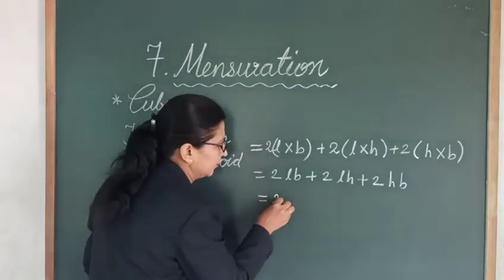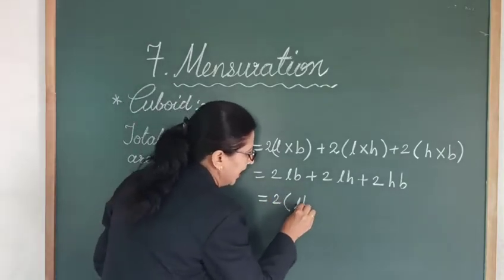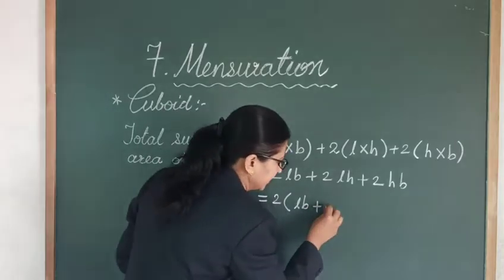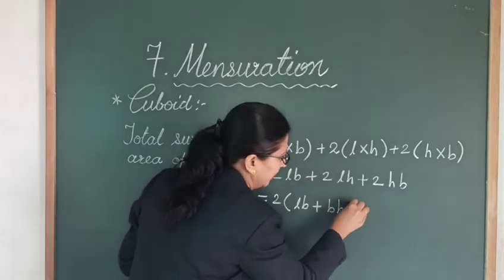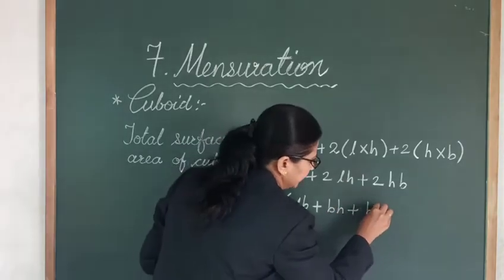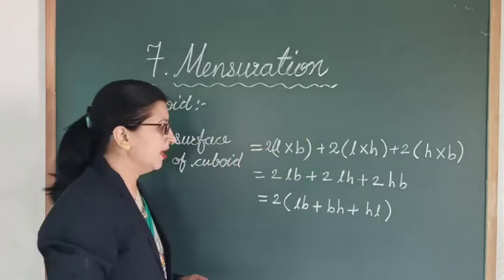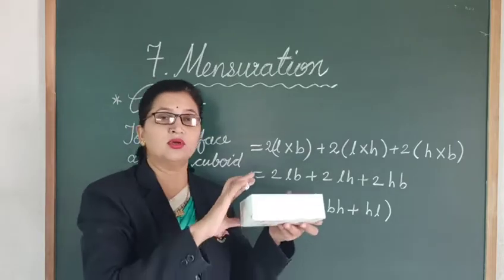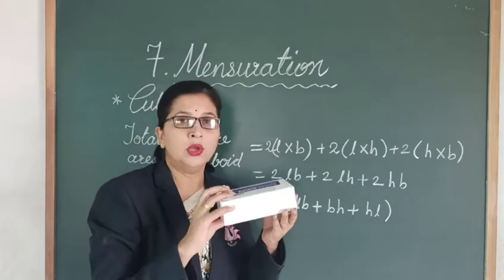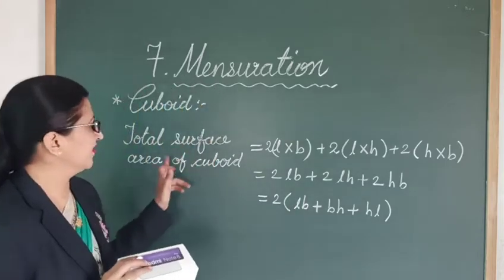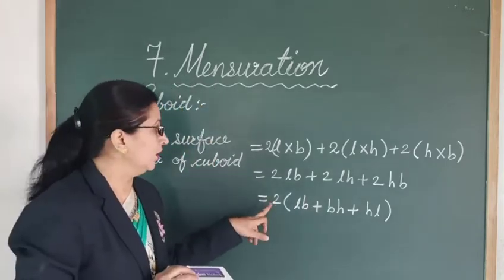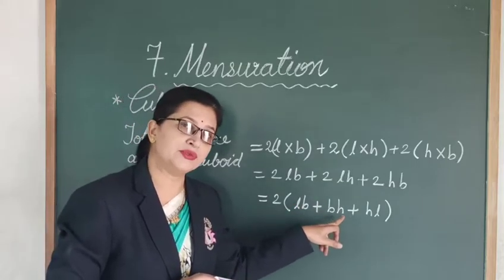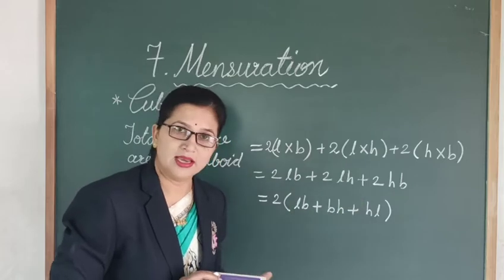So 2 into bracket length into breadth plus, now I am just arranging, breadth into height plus height into length. So dear students, in this way we got the formula to find out the total surface area of a cuboid. That is, total surface area of cuboid is equal to 2 into bracket length into breadth plus breadth into height plus height into length.